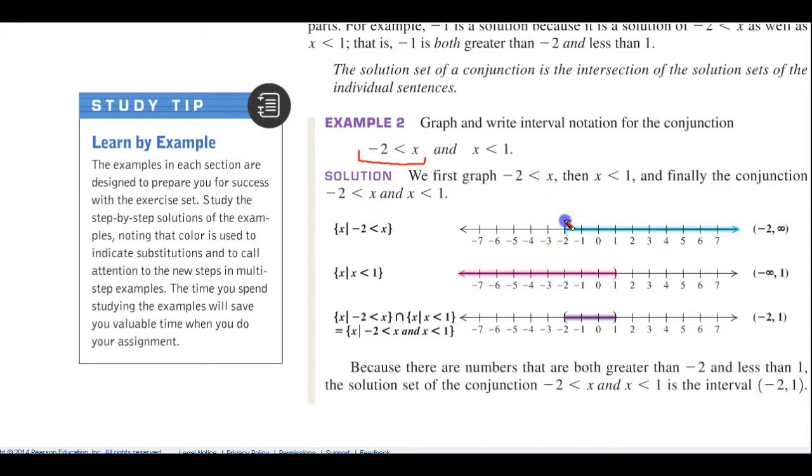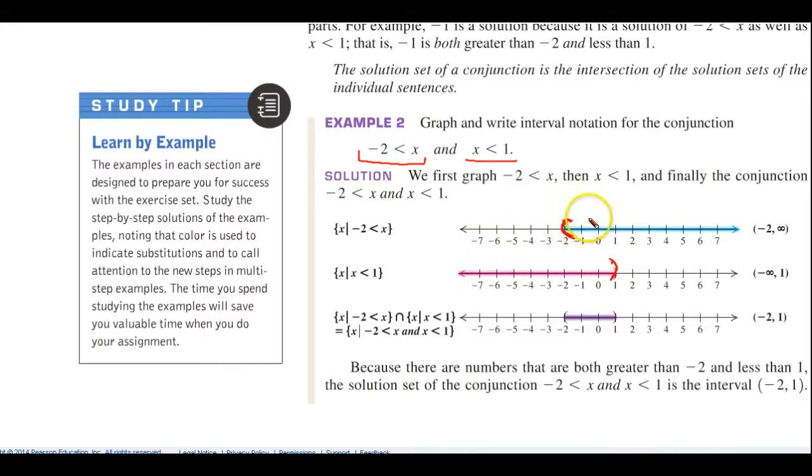So you put a parenthesis, because it's only greater than, and then your solid line. Then you read the other one. x is less than positive 1. x is less than 1. So again, it's going to be a parenthesis at 1 and a line going to the left.